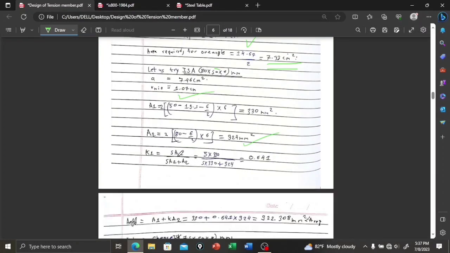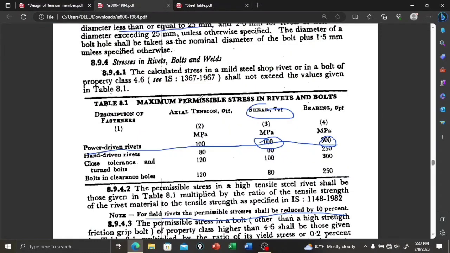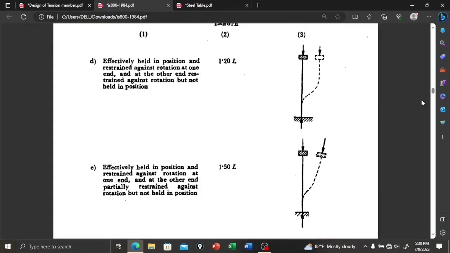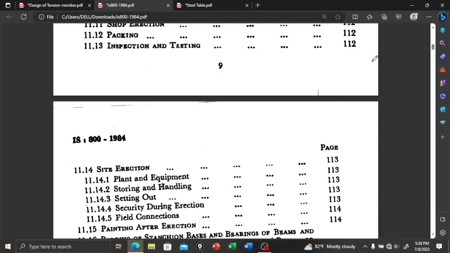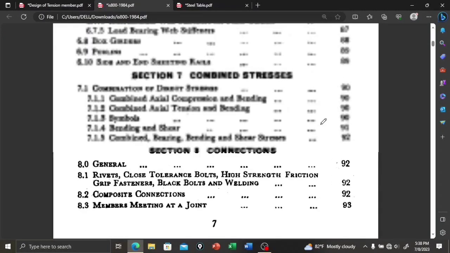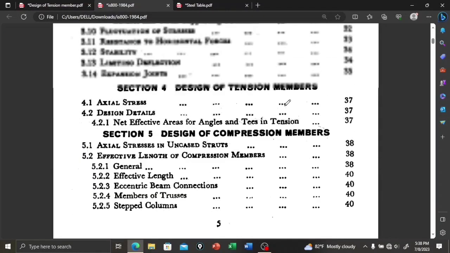K is for this case. It is given in the code, tension member.